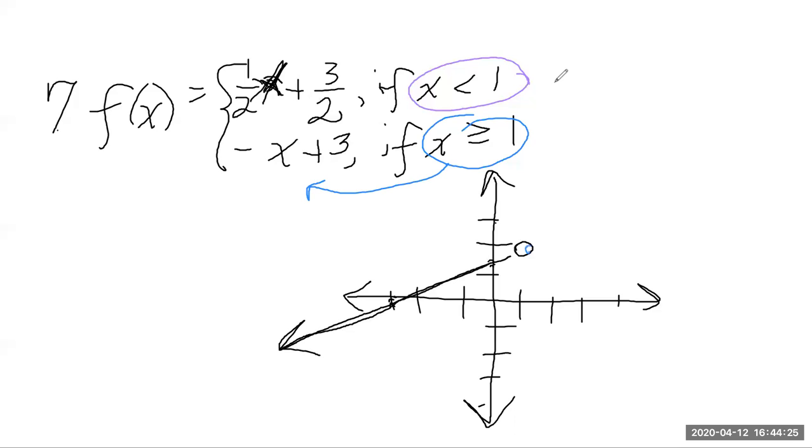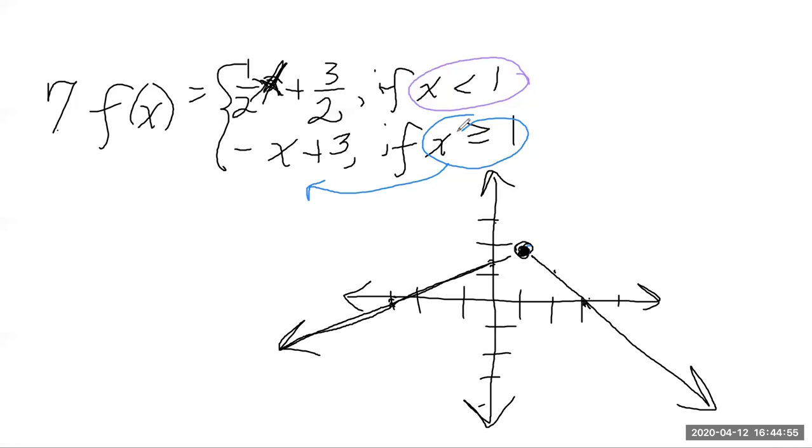Oh, look, it fills in the circle there. So where it was an open circle, now that point gets filled in because of the second equation. And then from there, we're going to go down 1 over 1, down 1 over 1. Or you can plug in points. If we plug in 3 for x, we get 0. And so this equation, this line would look like that.